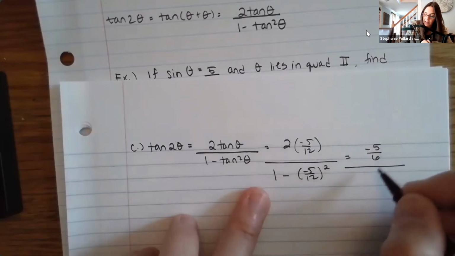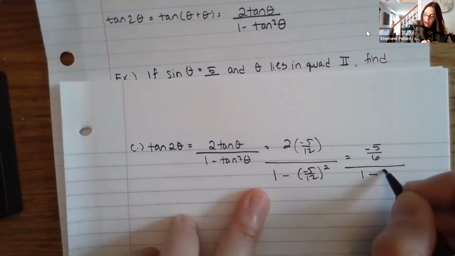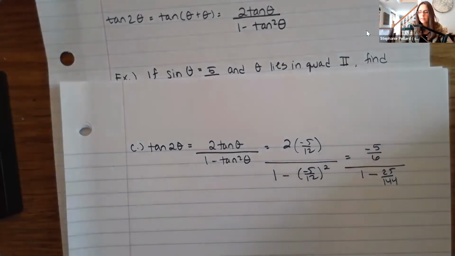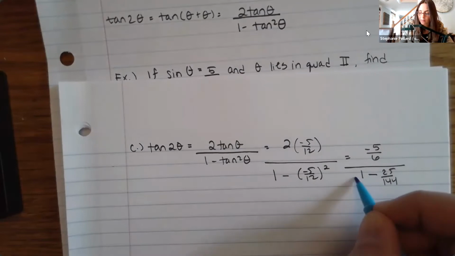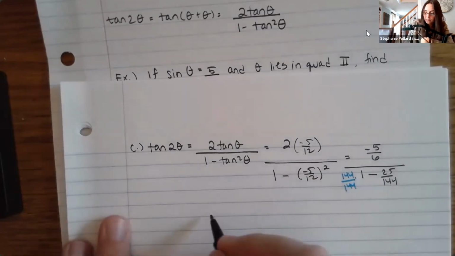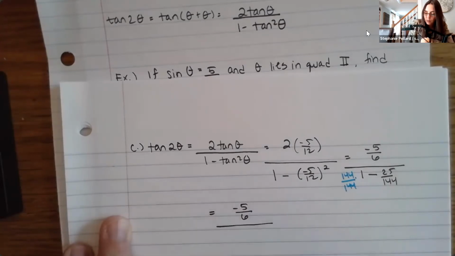And then in the bottom, I have 1 minus, and negative 5 squared is 25, and 12 squared is 144. So I do need to clean up the denominator here. I'm going to use 144 as my common denominator. So I end up with 144 minus 25 over 144.